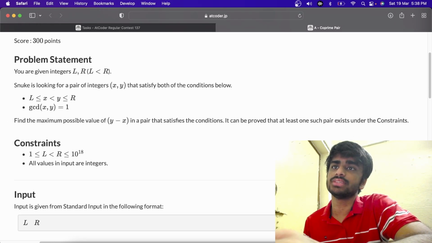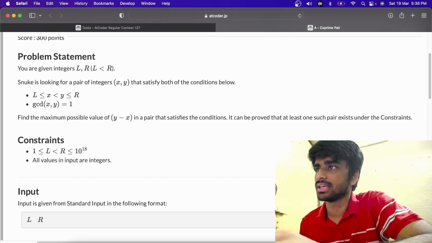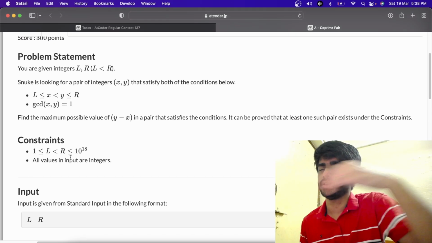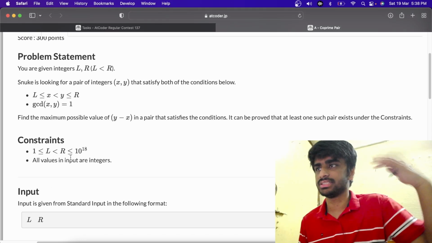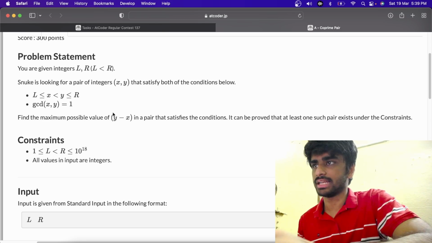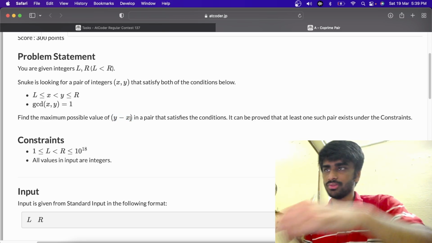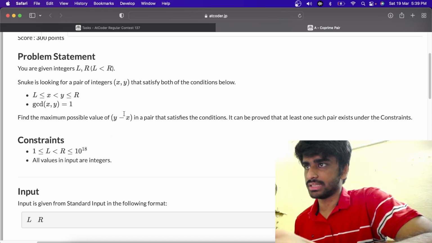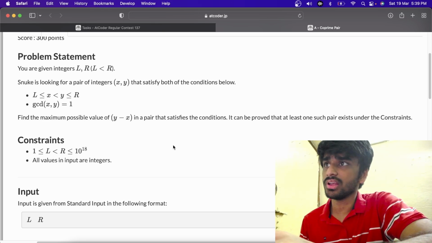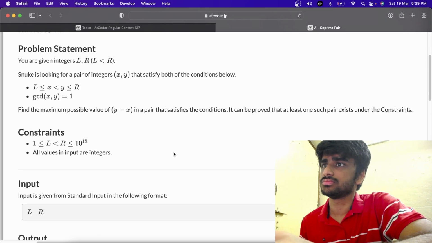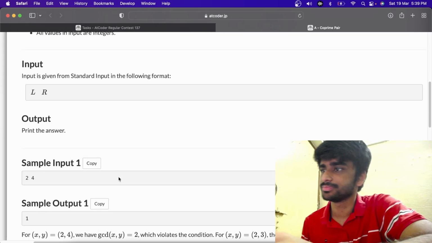It can be proved that at least one such pair exists, and that is obvious because if you take two consecutive numbers, their GCD is always 1. That means this value will at least be 1, but we want the maximum value that this can take. So basically, we want two coprime integers such that the gap between them is the maximum.